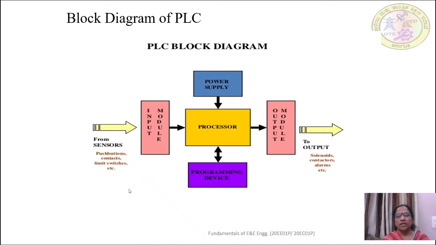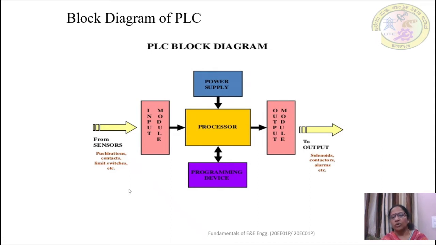Similarly, it contains the output module. This output module outputs the data to the output world. The output from the output module will be transferred to the solenoids or contactors or alarms, etc.